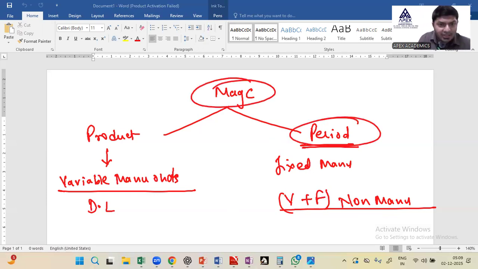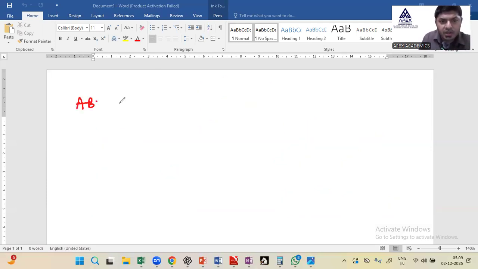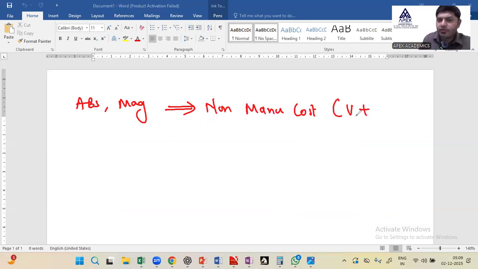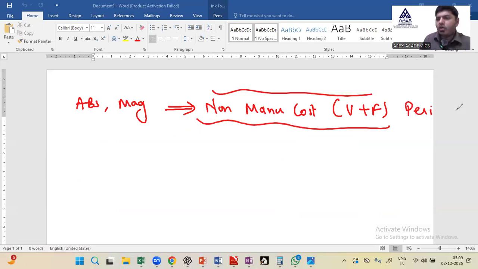Now, please try to understand one concept very, very clearly. Whether it is absorption or marginal, they are common with respect to what? All your non-manufacturing costs, whether variable or fixed, become your period costs.